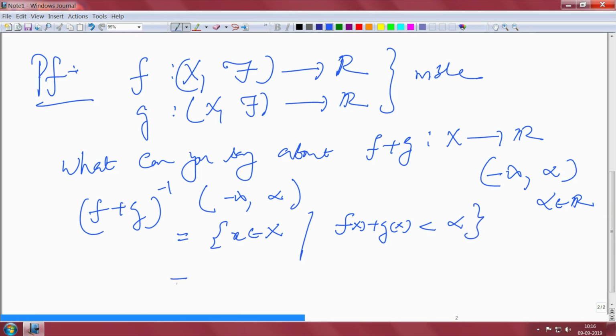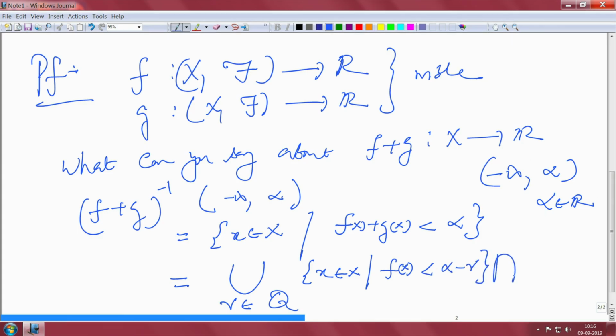Well, I can write this as the union over r in the rationals of the set of x such that f of x is less than alpha minus r, intersection the set of x such that g of x is less than r.